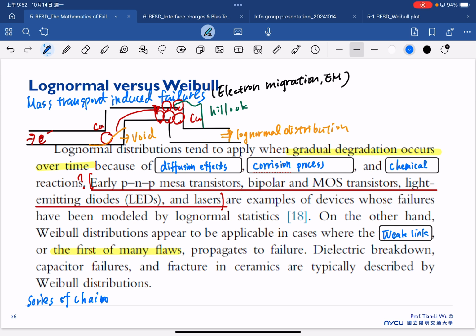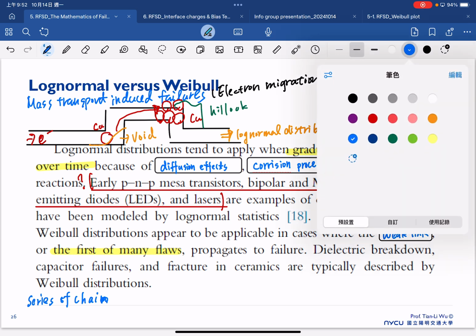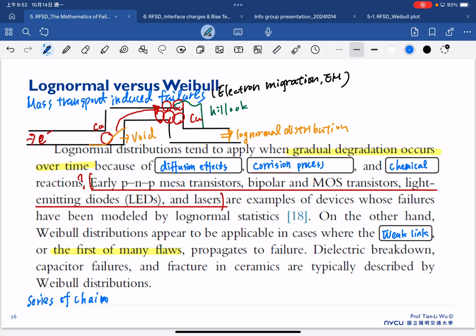So what is a series of chain? Just as an example, we have a bunch of circles that are connected with each other. That's what we call the chain, 链子, right? So the weak link concept can be understood using the series of the chain.